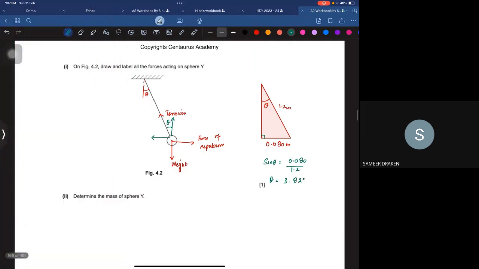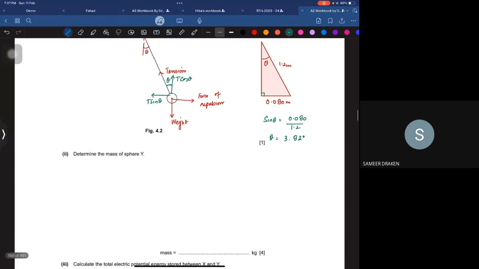Now this will be tension cosine theta, and this will be tension sine theta, like that. Now because it is in equilibrium, tension sine theta should be equal to the force of repulsion, and weight should be equal to tension cosine theta because it is all balanced.